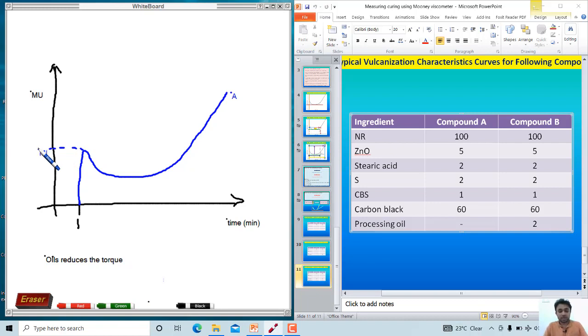Here MI of A, and here ML of A. Now our compound B should show less MI, less ML, this type of curve for the compound B.